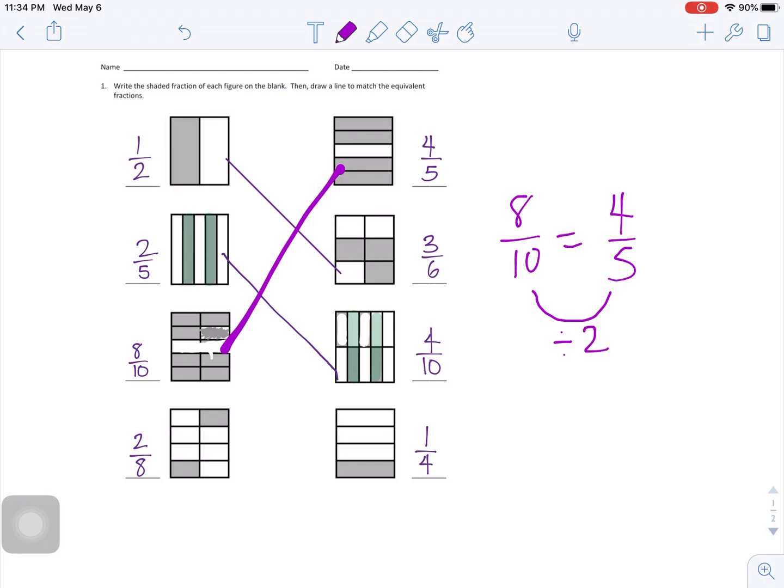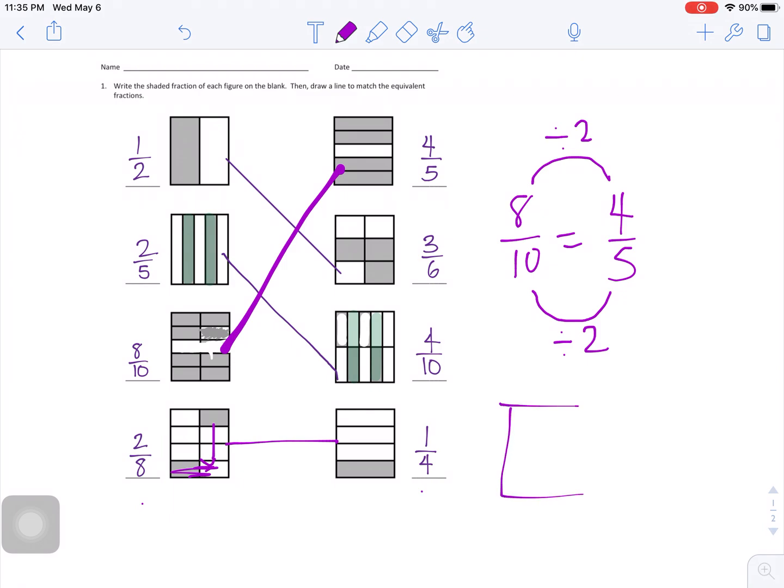So if I took 2 on the top, I want to take 2 on the bottom, I'm going to do not multiplication, I'm going to do division of 2 on the top. Does 8 divided by 2 equal 4? Yes, it does. So those also can check to see that they are equivalent fractions, which means these two right here must also be equal, 2/8 and 1/4. Well, exactly. If I move this little dark spot down there, the bottom part is filled up, and this one is not.